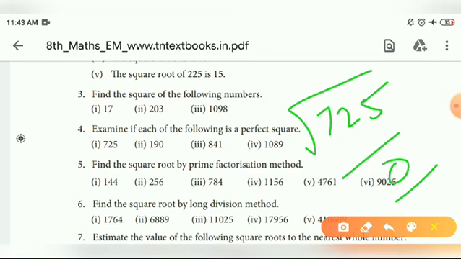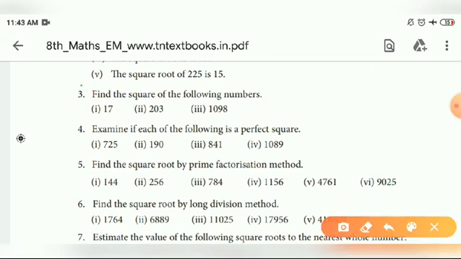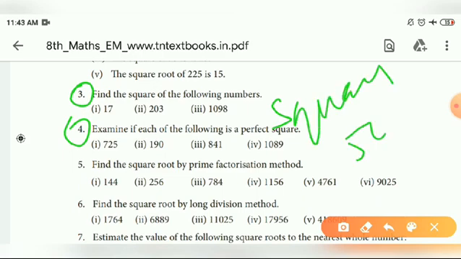So in this homework session you have 3 homeworks. First, question number 3, find the square of the following numbers. Question number 4, examine if each of the following is a perfect square. And another homework is write square numbers up to 50. Totally 3 homeworks.